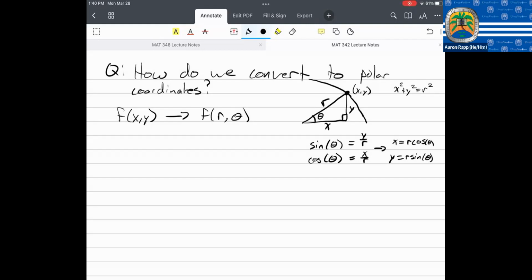Sine of theta. So that right there is the relationship that we're just going to have to take advantage of. If you give me a function of x and y, to turn it into polar coordinates, I just replace my x's with what?